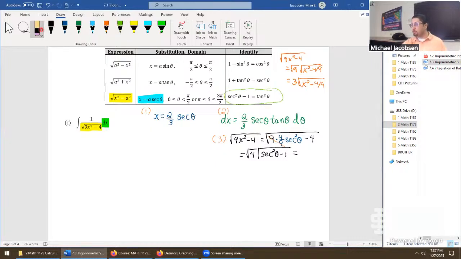So this turns into 2 root tangent squared theta. And then when we think about this domain right here for the variable theta, its whole purpose is so that tangent itself is positive, and you take the root of the squared portion, absolute values will fall off. So finally, all said and done, this becomes 2 tangent theta. We'll highlight that in yellow to say that's dropping into that location.